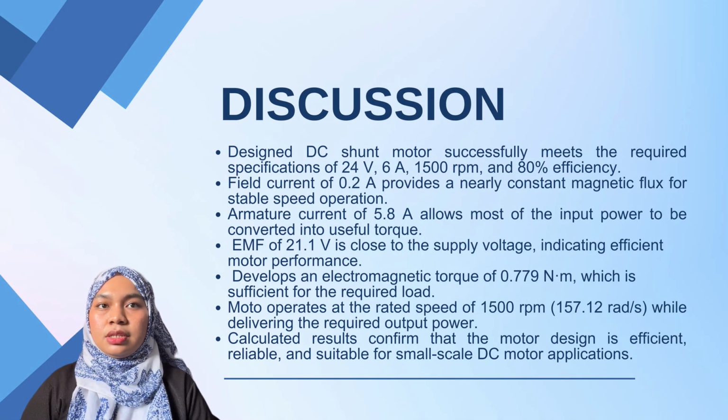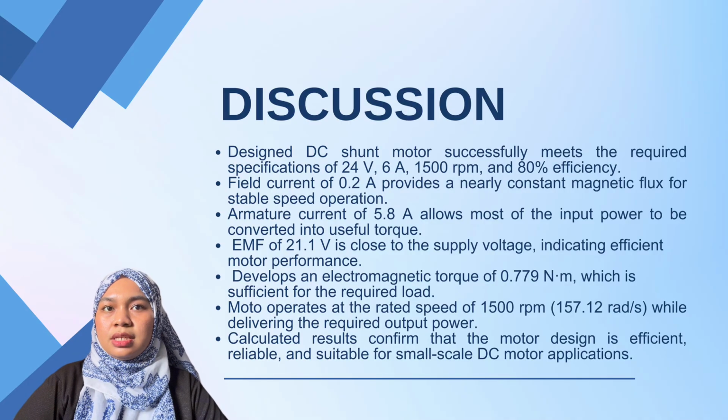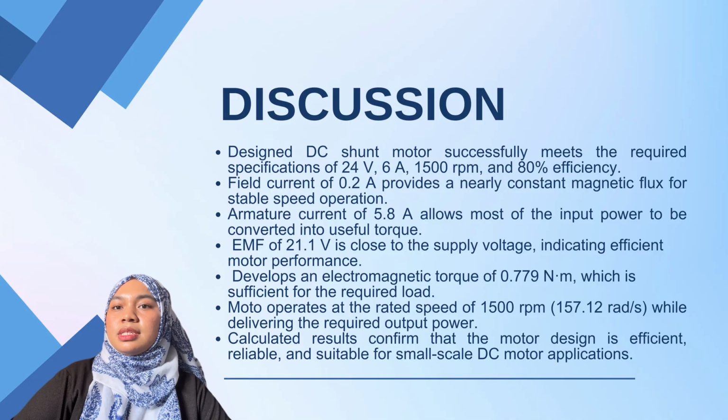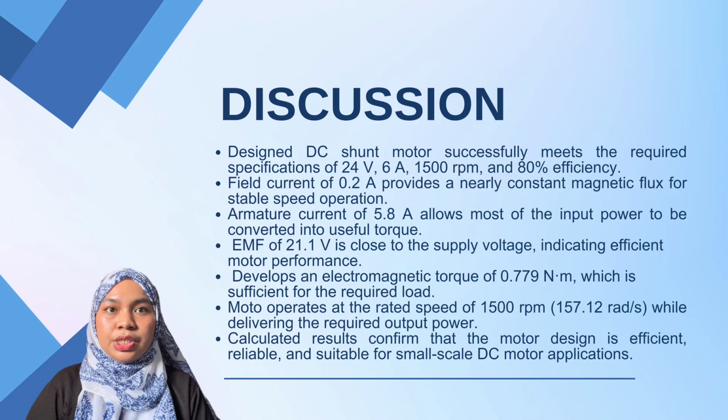Basically the discussion is more about the designed DC motor. It successfully meets the required specification of 24 volts, 6 amperes and 1500 rpm, and lastly the efficiency is 80%. The field current of 0.2 ampere provides a nearly constant magnetic flux for stable speed operation.